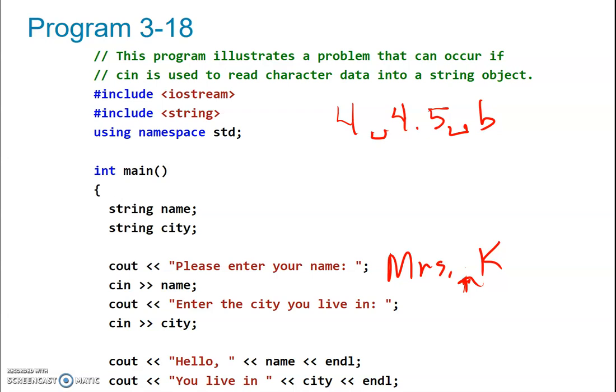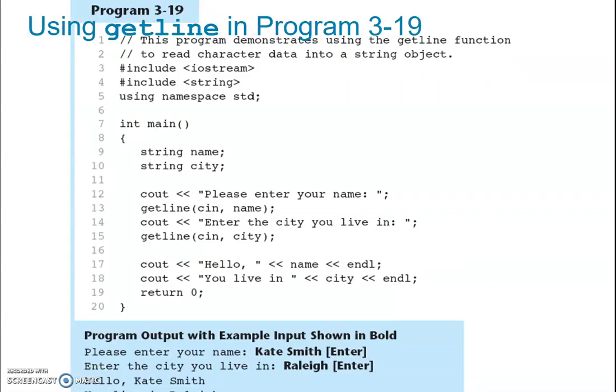So we use getline to override this issue. Now I have an extra piece I'm going to add to this prescribed slide, but here you can see the getline. The getline function is part of the string class. What it's going to do is use the cin object.